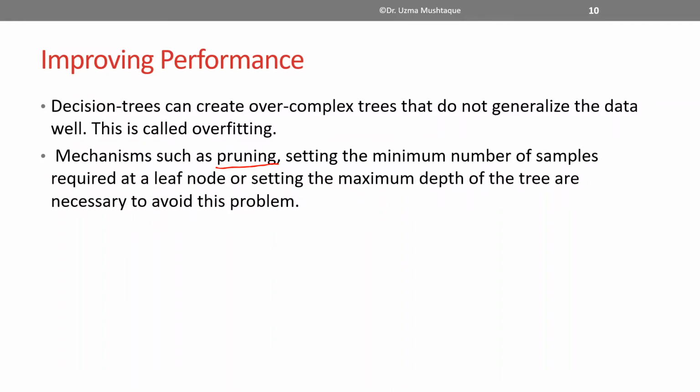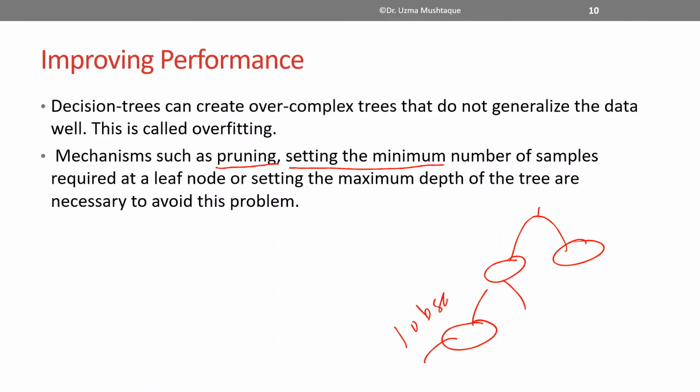What pruning does is that you grow a tree as much as you can, and then you prune it, which means you remove certain parts of it because you felt that these were just an added cost. How that is done is by setting the minimum number of samples required at a leaf node. Basically, you cannot go on and on. Let's say you are deciding based on one observation only, because you kept splitting this space, and then you arrived at a box that has just one observation.